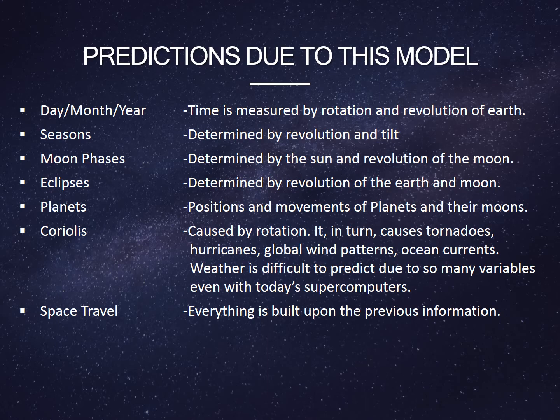Planets, the positions and movements of planets and their moons. The Coriolis effect, caused by rotation. It in turn causes tornadoes, hurricanes, global wind patterns, like the jet stream, ocean currents, global weather events.